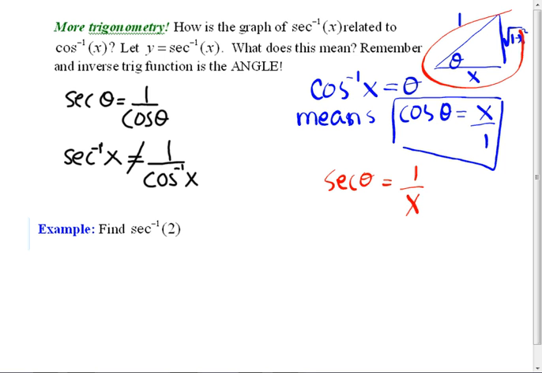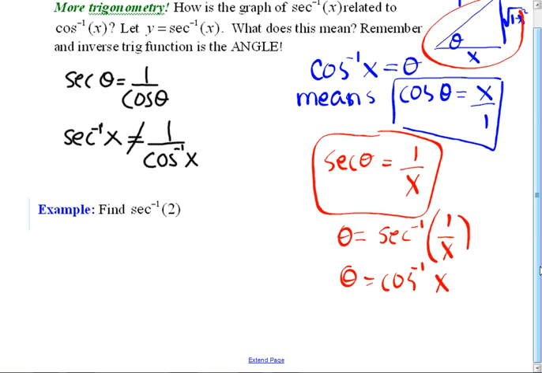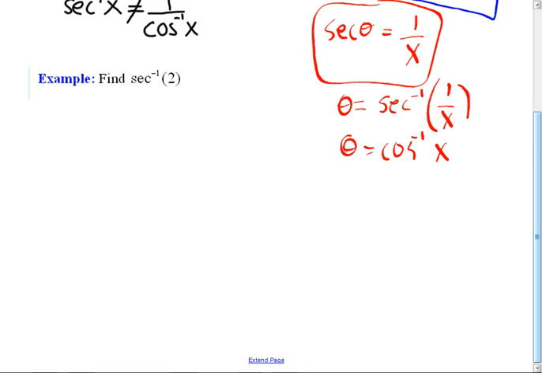Now let's take these two equations and solve for theta. What's theta equal to? Inverse secant of 1 over x. What's this theta equal to? Inverse cosine of x. How are these related? The angles are the same, right? So where's the reciprocal?